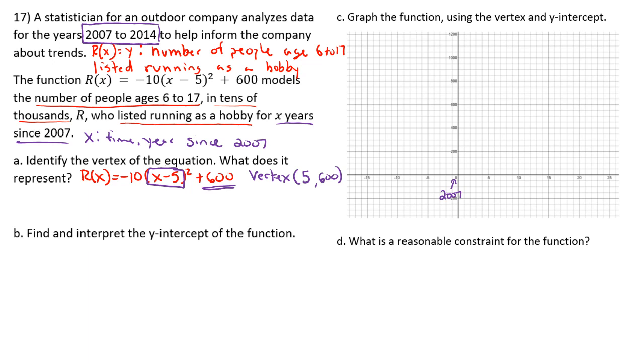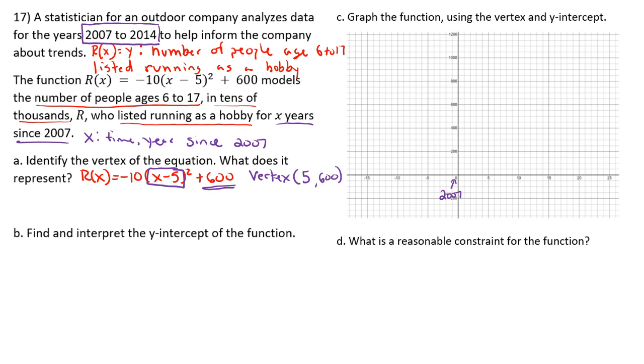This is also asking us to state what this represents. So number one, this is going to represent the highest point in our graph.